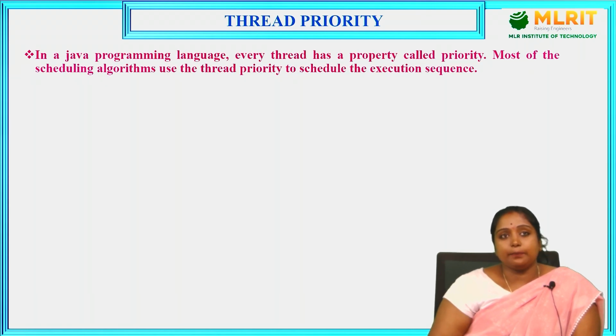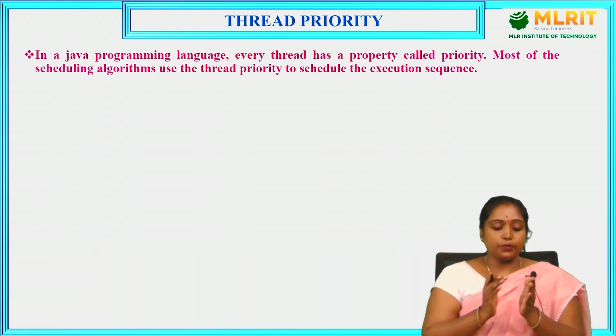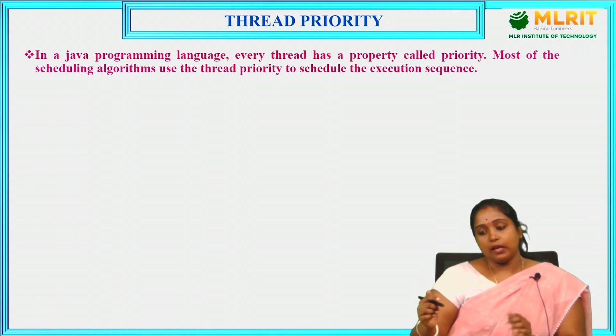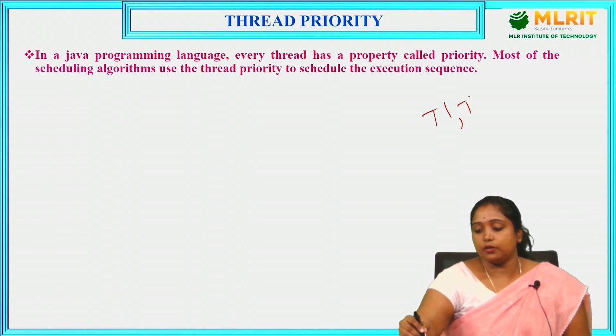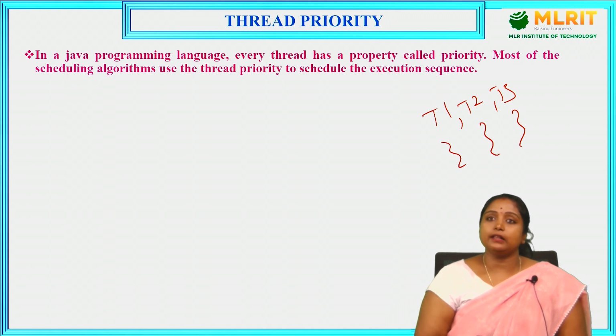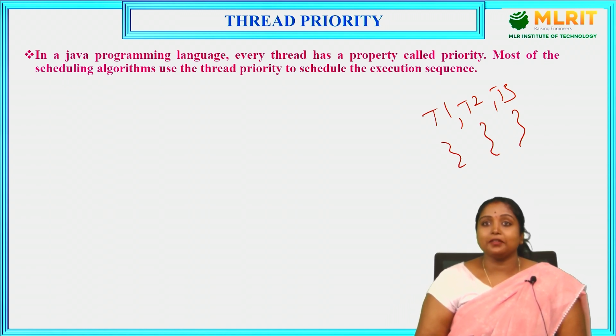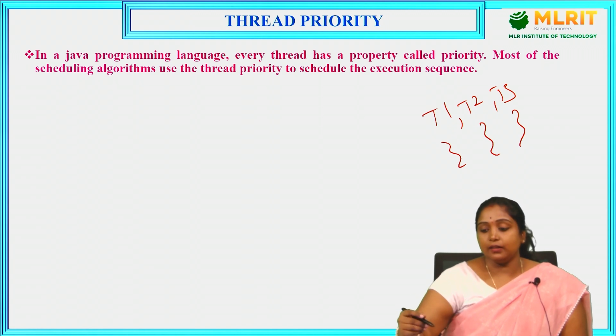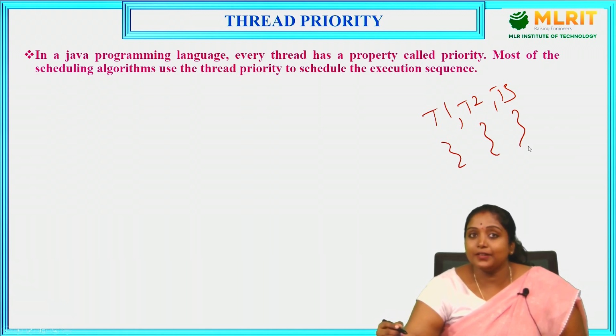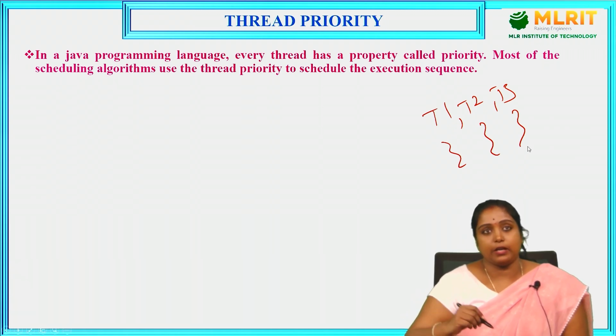Coming to thread priority. Every thread has a property called priority. This is for scheduling algorithms. If you have n number of threads like thread 1, thread 2, thread 3, and you want to execute these threads simultaneously, which thread do you have to execute first? That can be done using thread priorities.